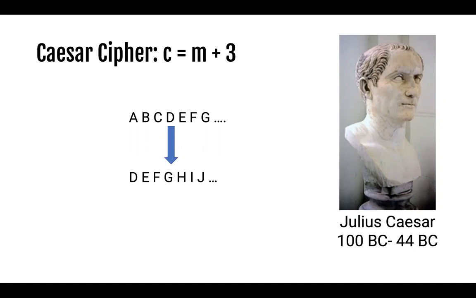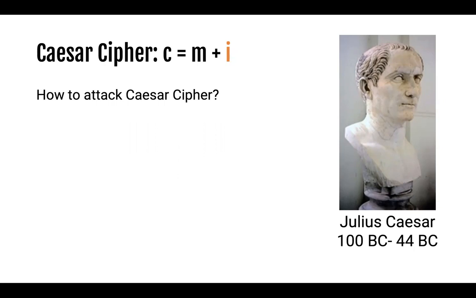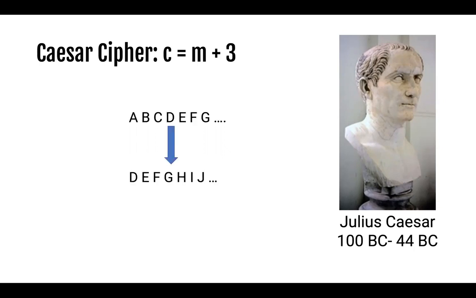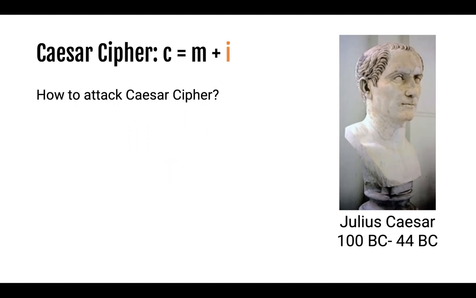So for example, A will be transferred to D, and B will be transferred to E, etc. And then later on, people made this cipher system more generalized. So instead of just shifting the letter by 3, you can shift the letter by any distance. You can shift it by 4 or 5 or whatever value, depending on what you like.